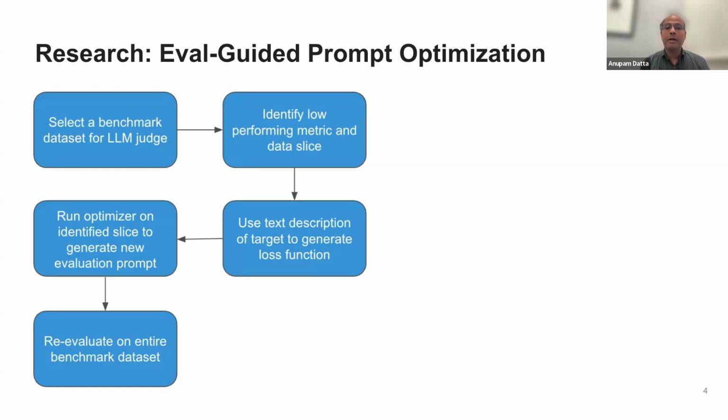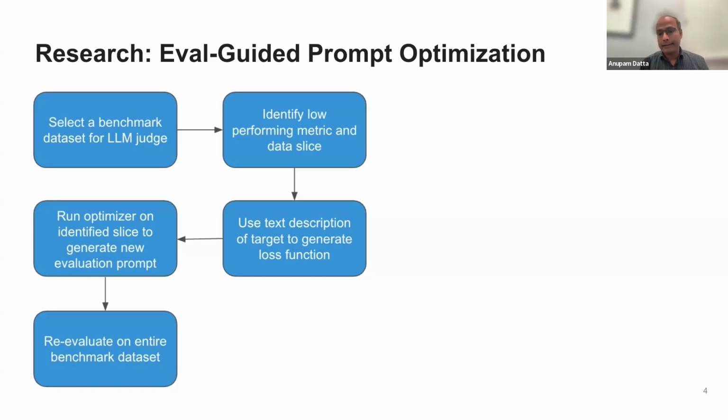And then on that data slice, we run an automated prompt optimizer, making use in this case of a method called TextGrad, developed by a team at Stanford, to automatically update and improve the evaluation prompt for the LLM judge. Once that's done, we reevaluate how well that judge does on the entire dataset.